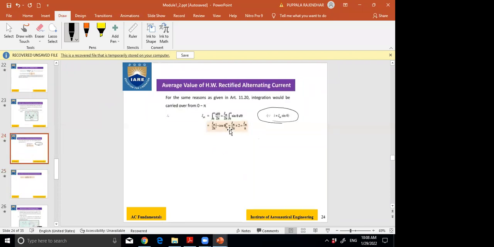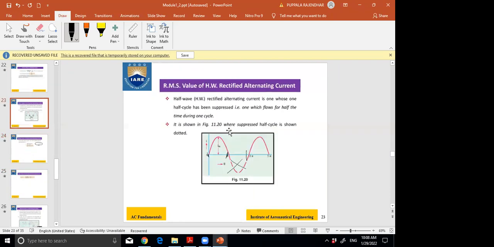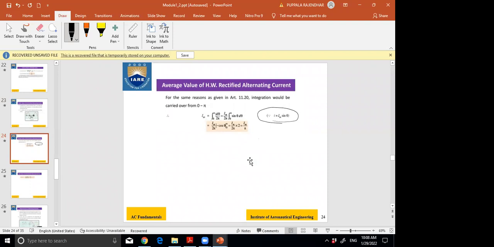What is the time period here? The time period is 0 to 2 pi, but we are having the waveform from 0 to pi only. So below we write the time period, but the waveform is present for 0 to pi only. Substituting the values, we will get Im by pi for the half wave rectifier.